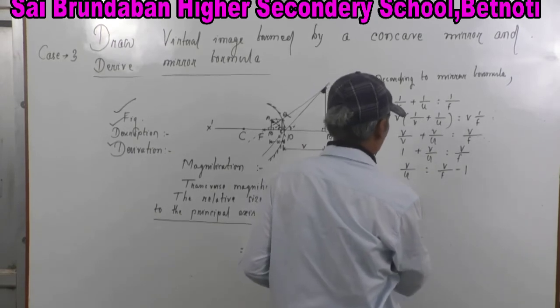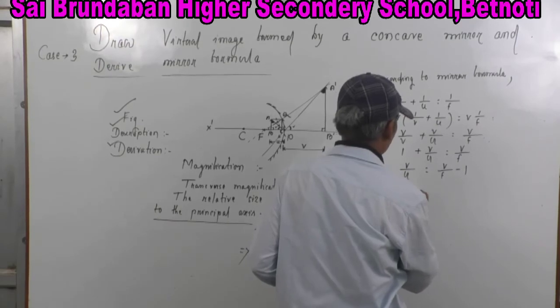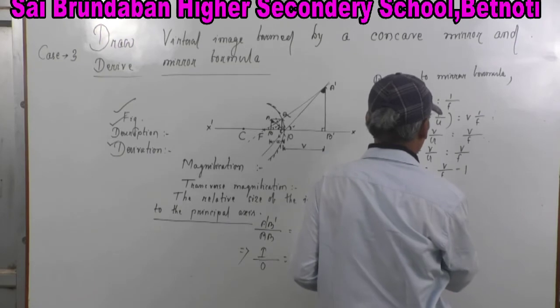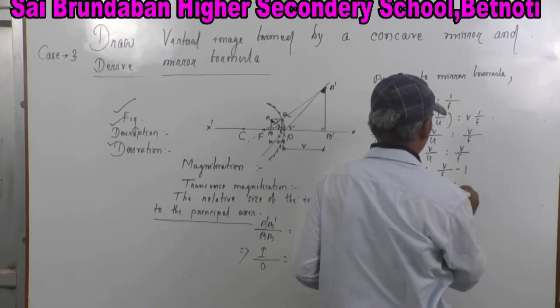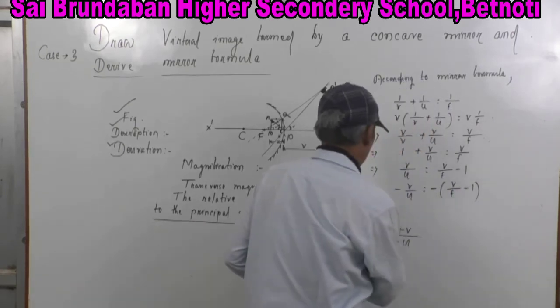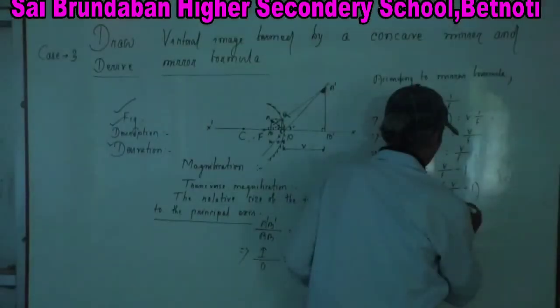Implies minus V by U is equal to minus V by F minus 1, which is equal to 1 minus V by F.